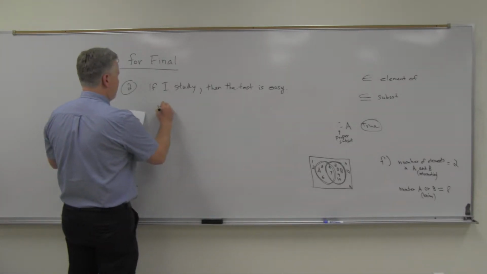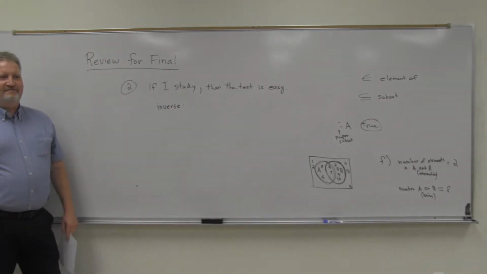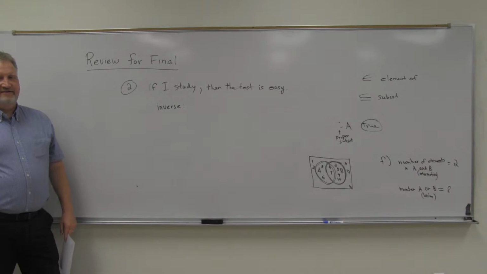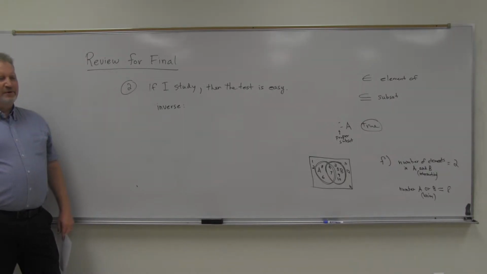So what I want to do on that is, let's write the inverse of that. What does the inverse do? So we had the converse and the inverse. Those were sort of related, but different. Inverse, what did it do?